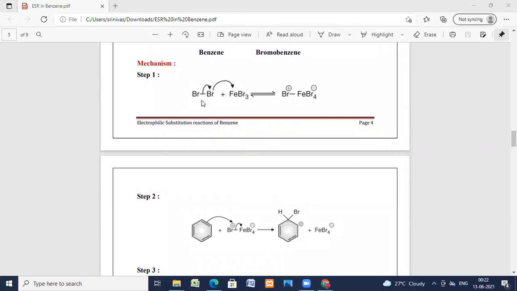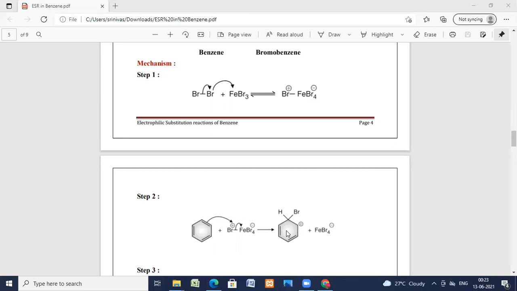Here again, step 1 is the same for bromination as well as chlorination. Bromonium cation is formed and FeBr4 minus is formed. It attacks the benzene, and a carbocation is formed. In this carbocation, the positive charge shifts from ortho to para, para to ortho.